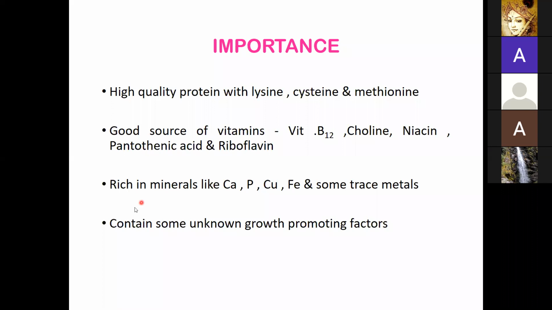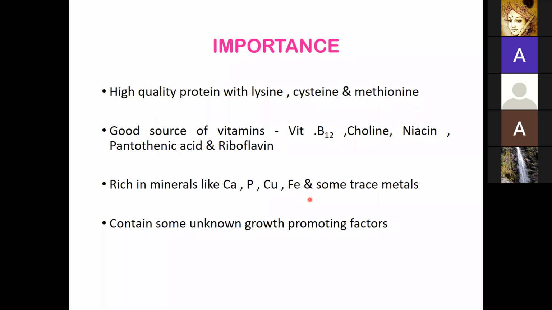This fish meal is a rich source of minerals, especially calcium, because we prepare the meal from the whole fish, so the bones will be there. Those bones are a rich source of calcium and phosphorus. So these minerals, calcium, phosphorus, copper, iron, and some trace elements, are in rich supply in the fish meal.